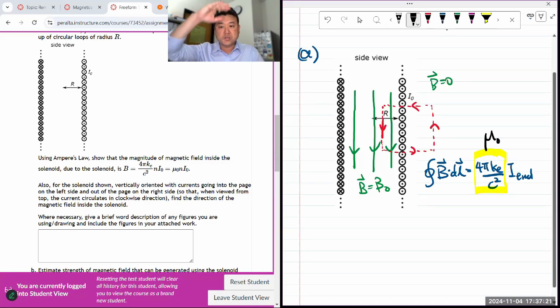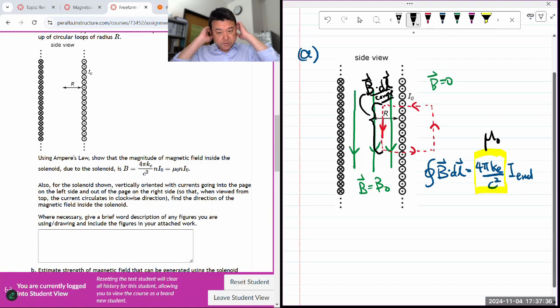There's a translational symmetry, which allows you to argue that along this segment, B dot dl is constant. And there's other geometric symmetry, both translational and reflection symmetry, that allows you to argue that your magnetic field is pointed this way, so that B dot dl along these segments is 0.